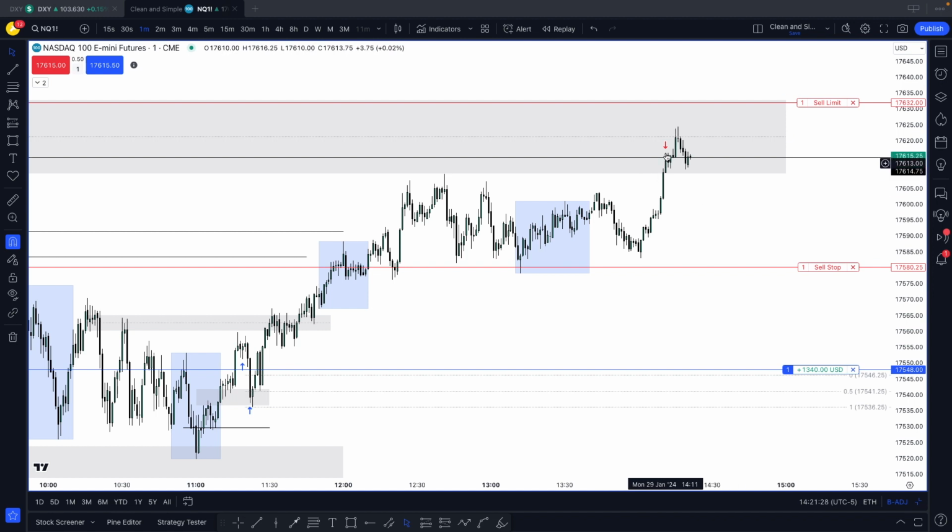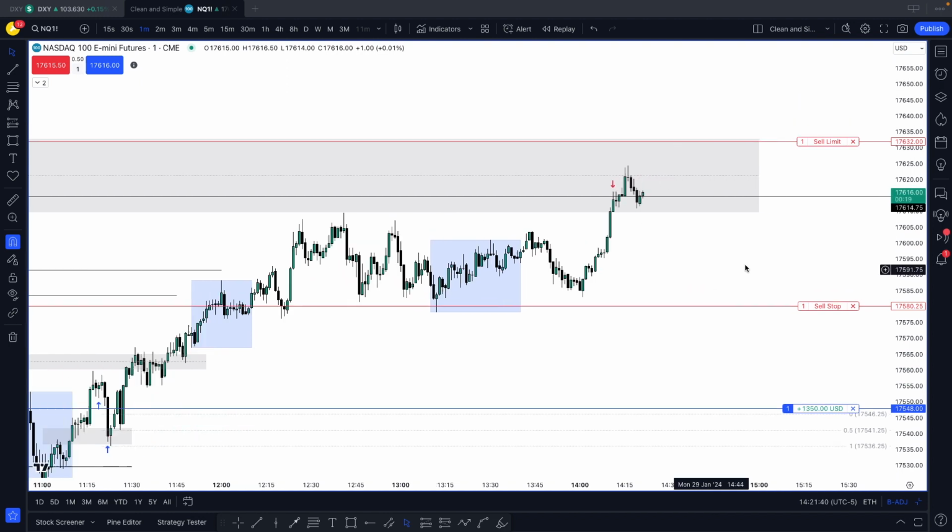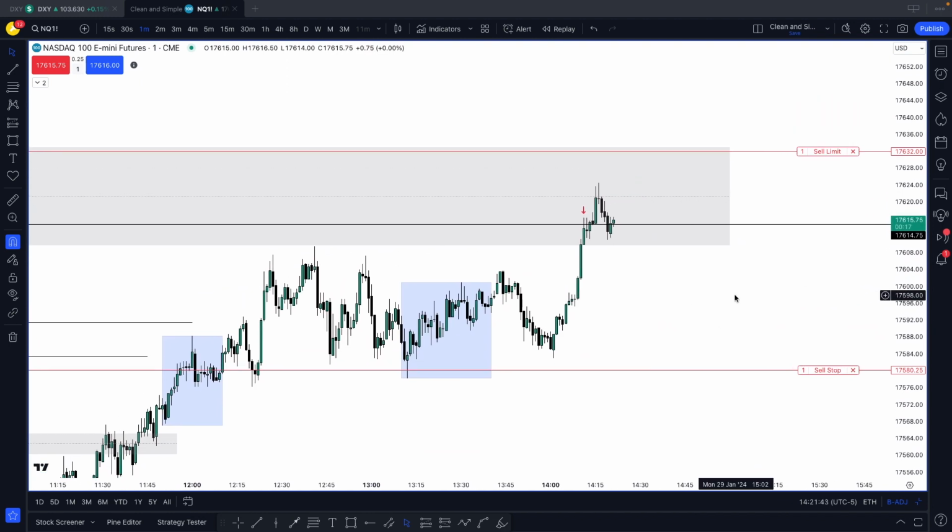Okay, so right as price trades up into that, I'm taking my partial, and I took the partial just one tick before the volume imbalance. Because if it was to have that perfect precision and just hit 17,614.75 and then fall back off of there, I wanted to make sure I had my partial booked.